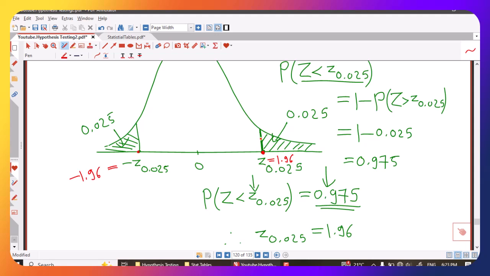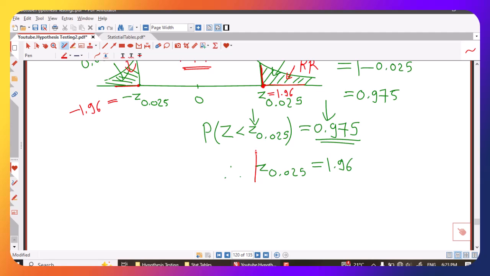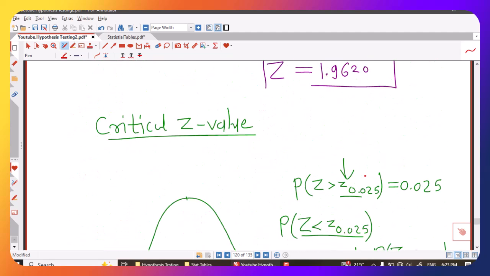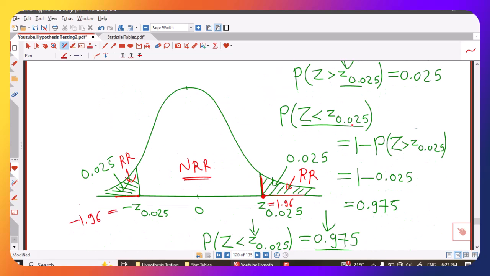So if our test statistic is to the right of this or to the left of this, then we are in the rejection regions, and if it is in between these two values, then we are in the non-rejection region. So now we compare the calculated value of the test statistic with this critical value of Z. The calculated value is 1.9620.